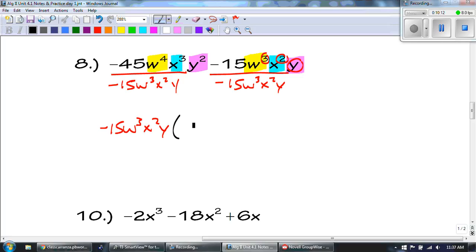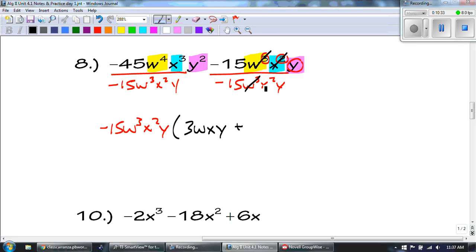Negative 45 divided by negative 15 is 3. W to the fourth, w cubed, we subtract those. X cubed and x squared, we subtract. Y squared and y, we subtract. Negative 15 divided by negative 15 is a positive 1.